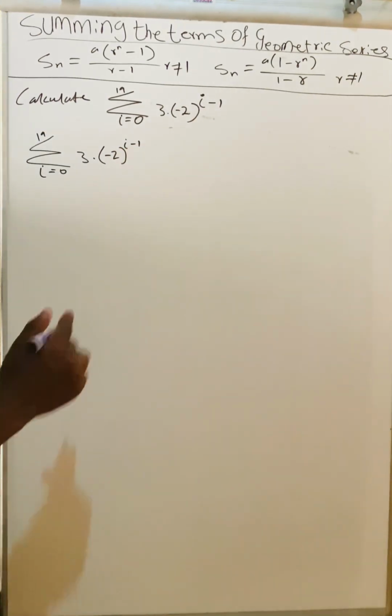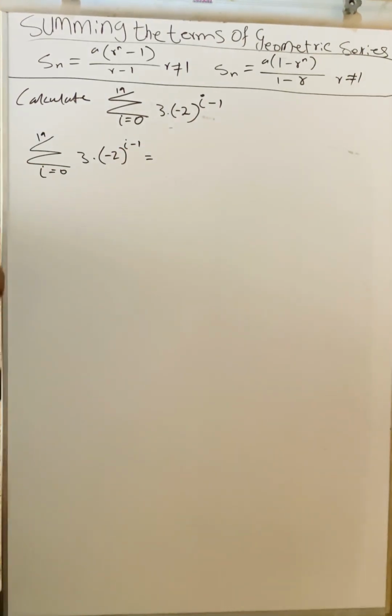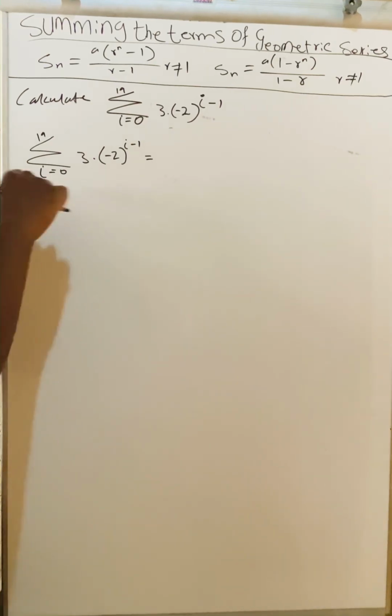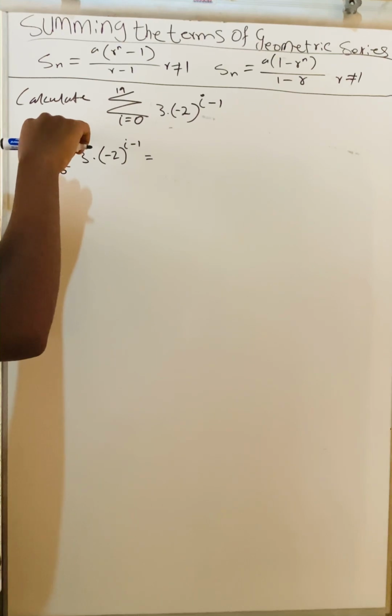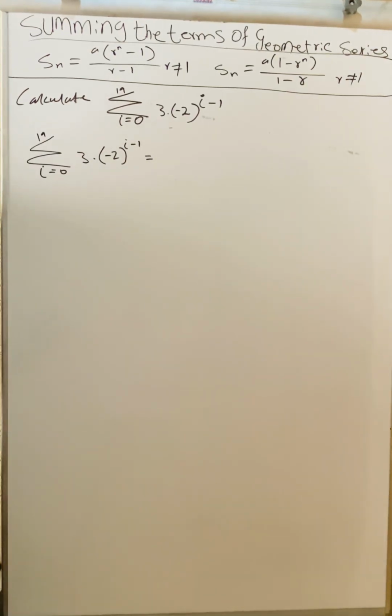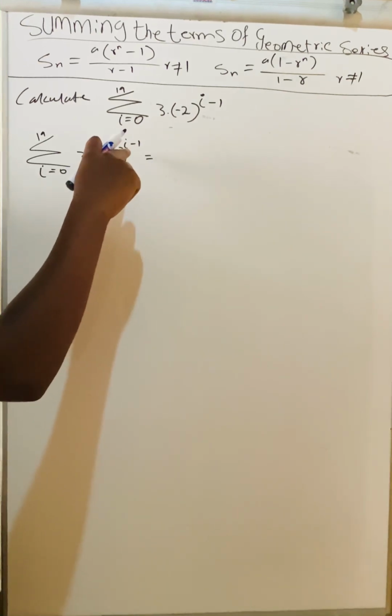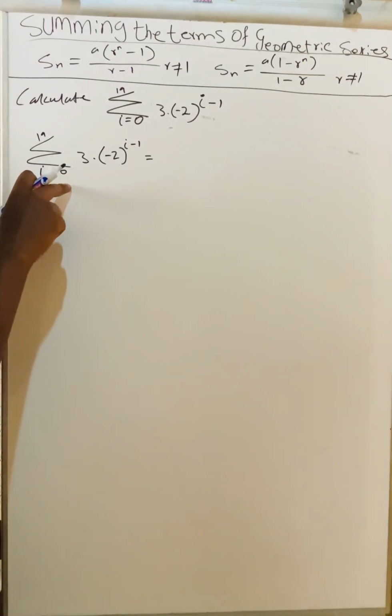From here, we know that our series will start at 0 and end at 19. It means when you start to substitute, where you see i, you start from 0.